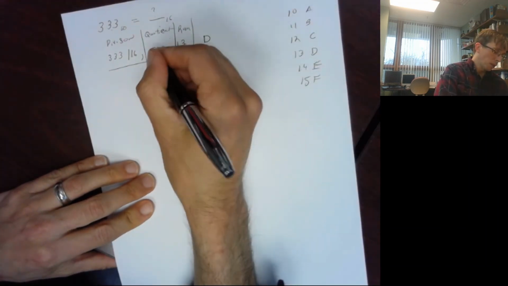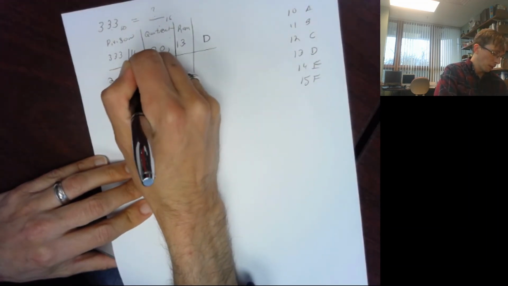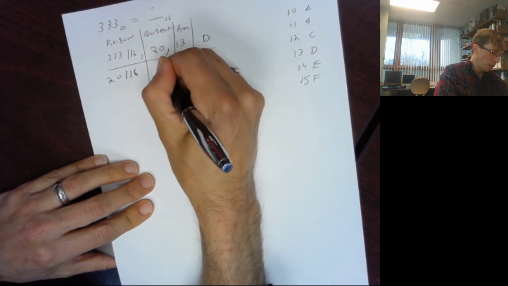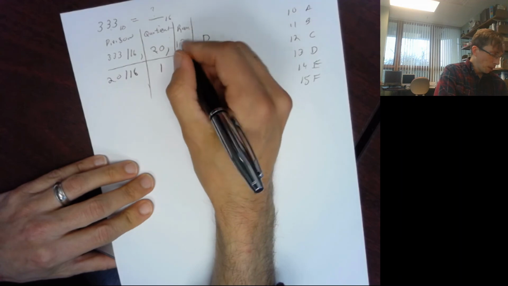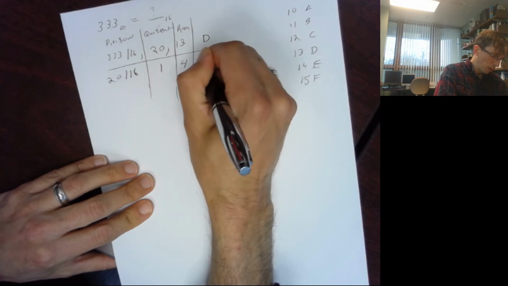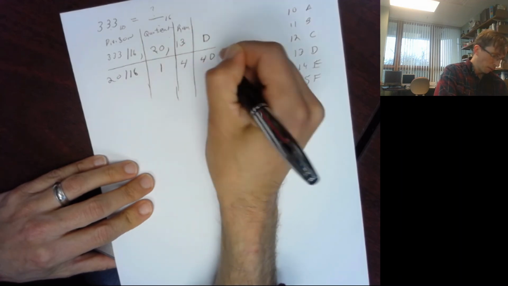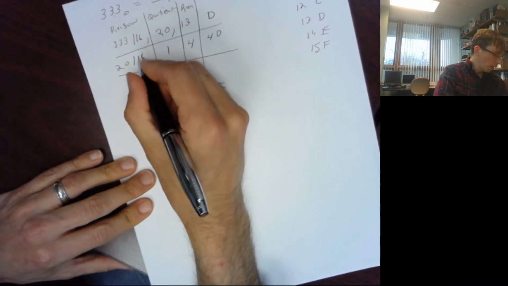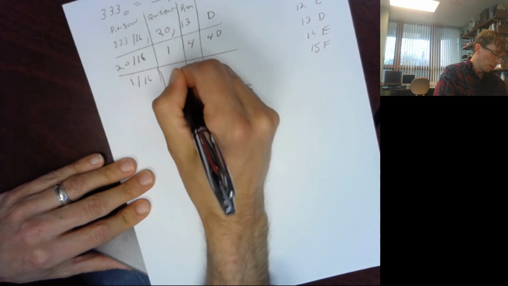Okay. So now we're going to take the next quotient. We're going to divide that value by 16, and it'll go in there once for our quotient, and it'll give us a remainder of 4, and we'll tack that in front of the D. Then we'll come down here again. We'll take our 1, we'll divide by 16.